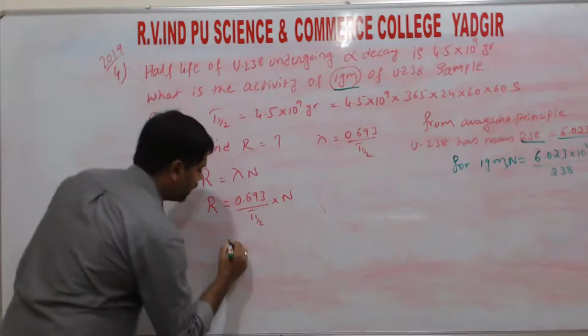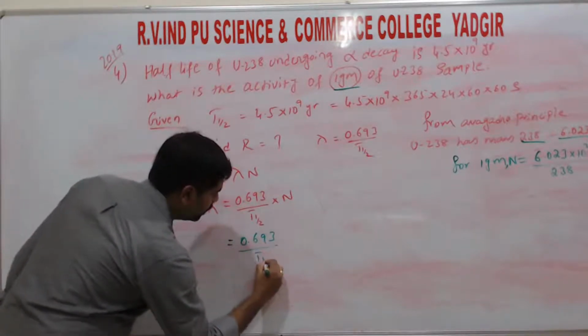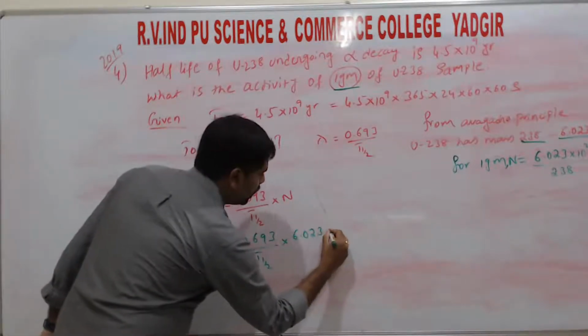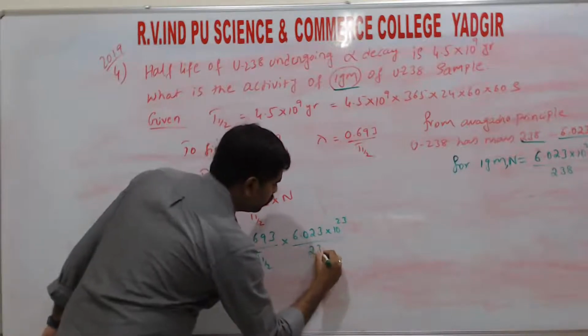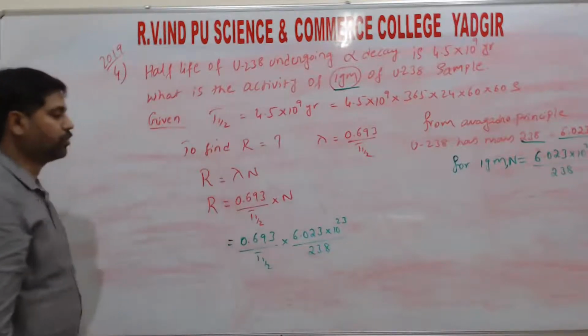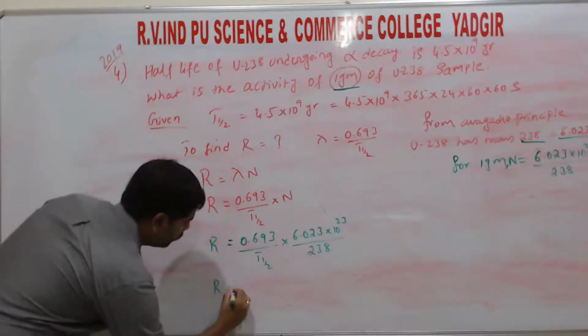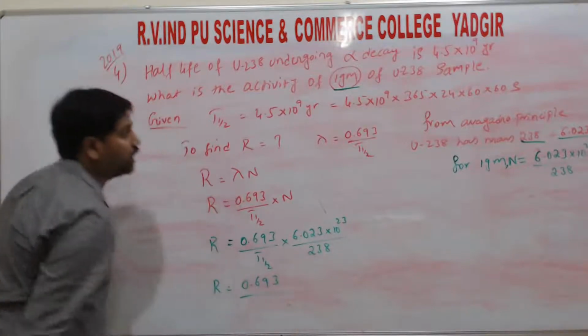Now substituting here, 0.693 divided by T half into 6.023 into 10 to the power of 23 divided by 238, right? So here 0.693 divided by T half.